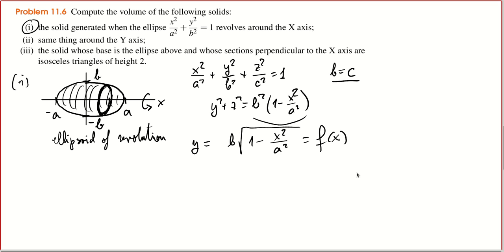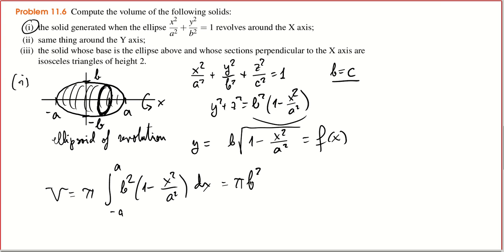We just want to calculate the formula for this, which is the integral from minus a to a of pi times b squared times 1 minus x squared divided by a squared dx. Okay, the square of the function f. This is a constant, comes out, all right, and then we have a polynomial, just a polynomial.